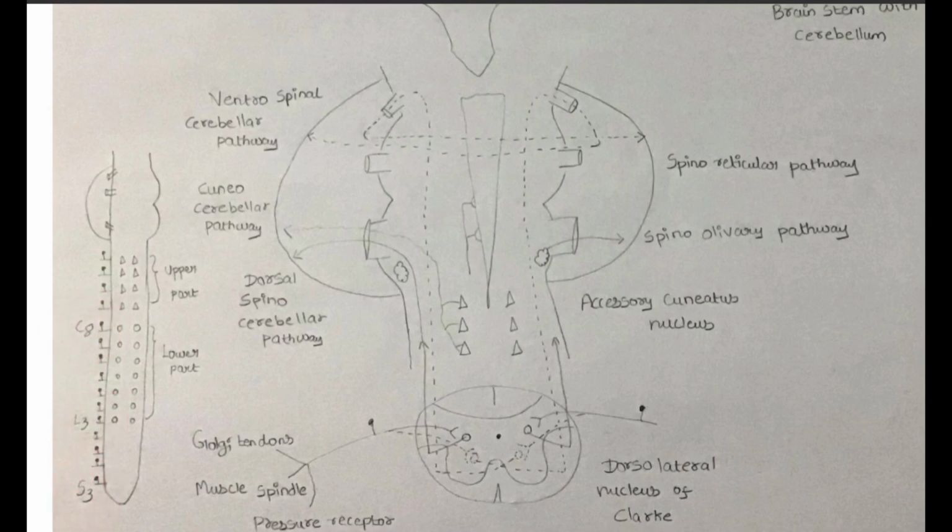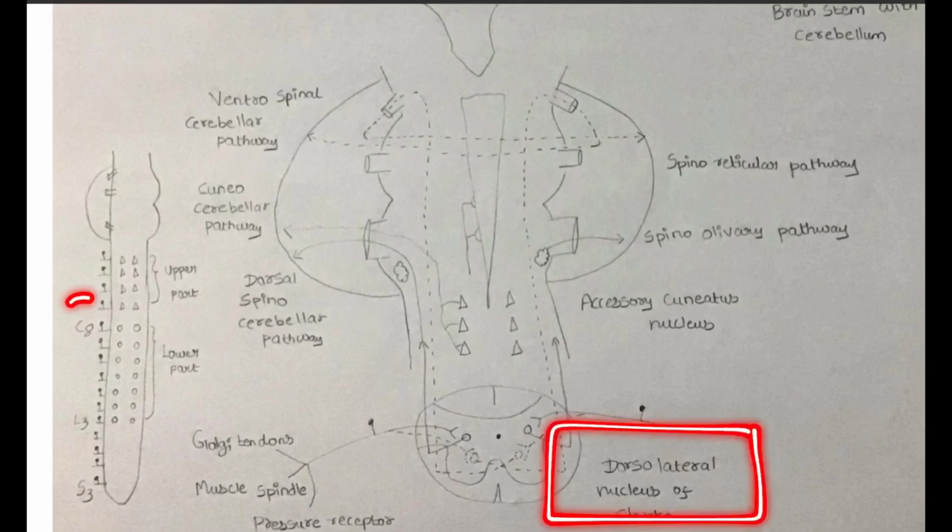You can see the dorsal root ganglion, that is the first order neuron, throughout the spinal cord, but this second order neuron of the spinocerebellar pathway, that is the dorsolateral nucleus of Clarke, only between C8 and L3.